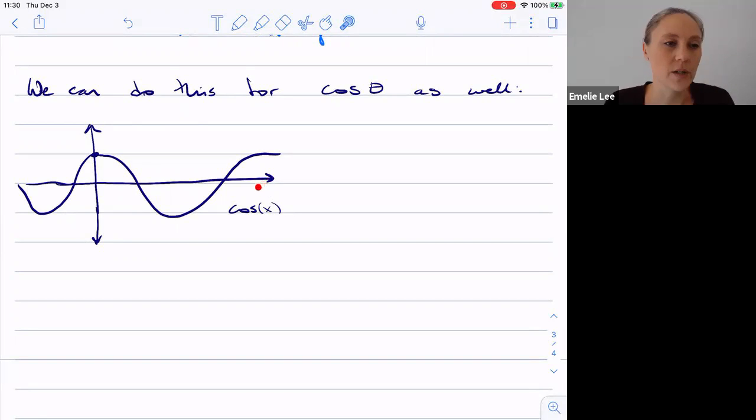So cos of theta or cos x doesn't pass the horizontal line test until we restrict our domain. If we use the same domain from negative pi over 2 to pi over 2, it still doesn't pass. We have that same problem that we saw before.